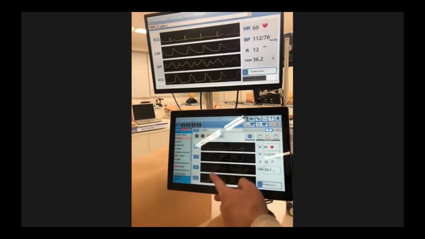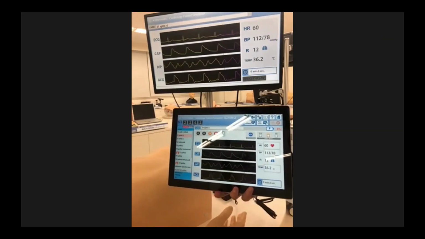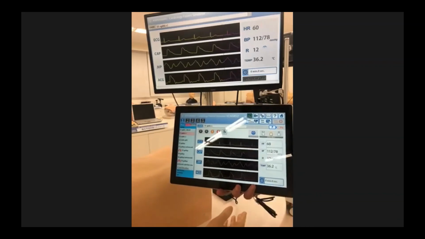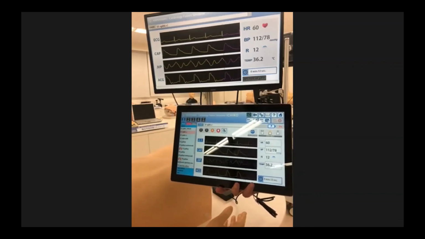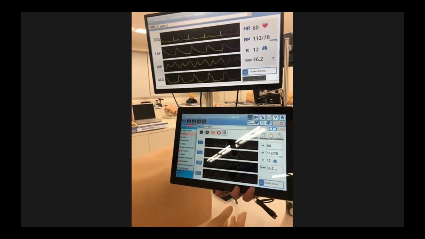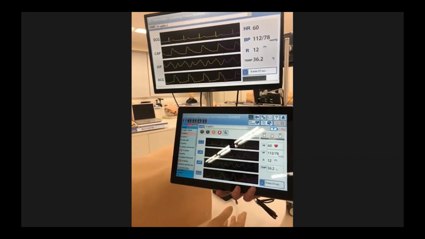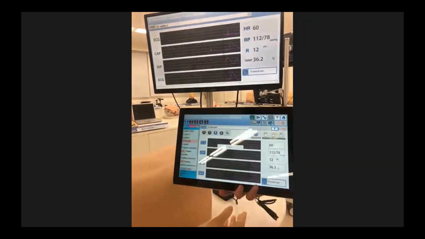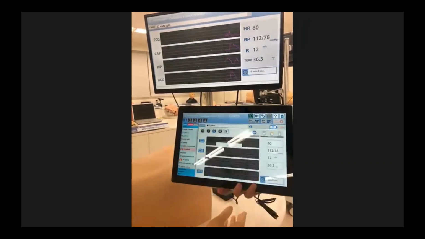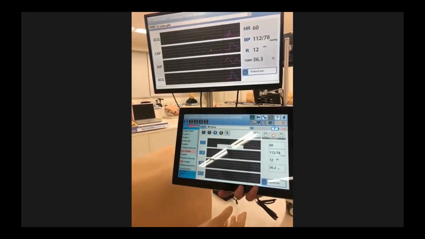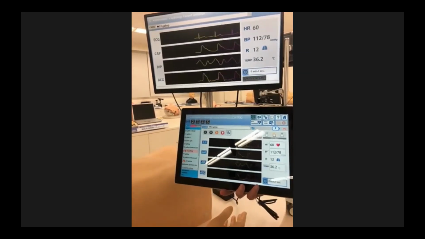And all the electrocardiogram graphics change accordingly. Everything is synchronized. And with this, you can just select by one touch whatever you want to hear. So it's just as easy as this.